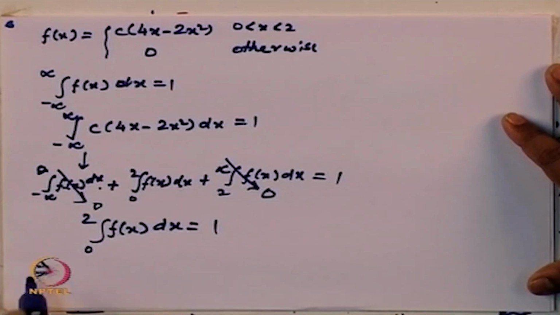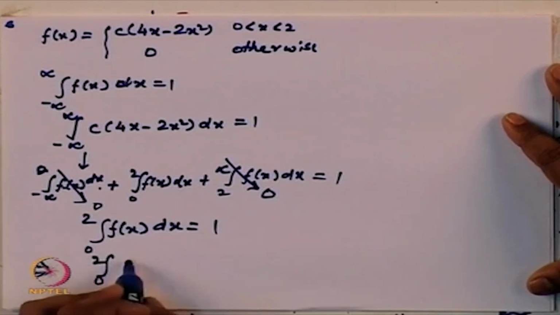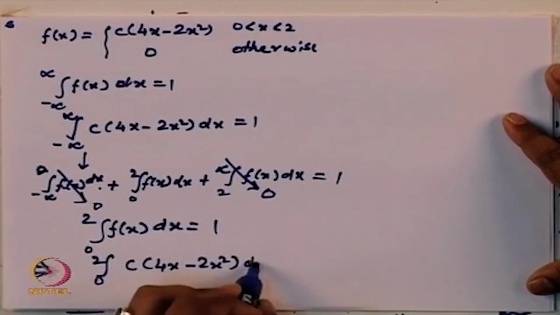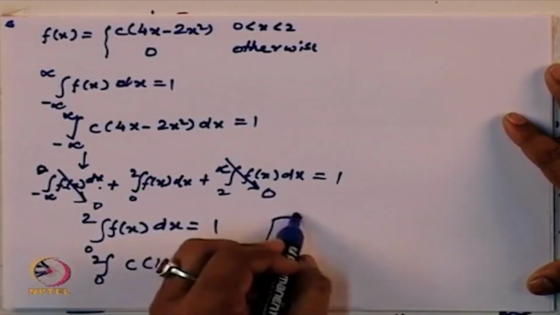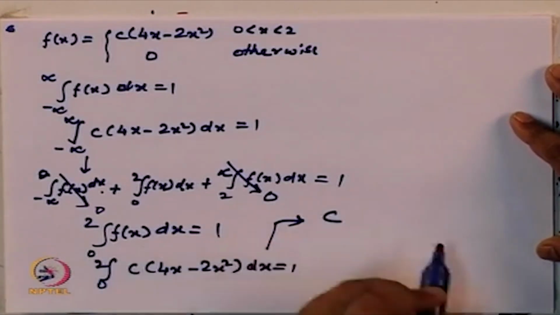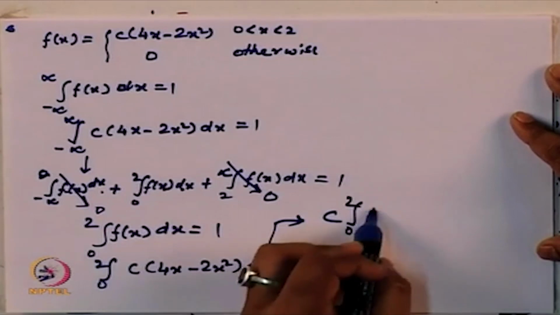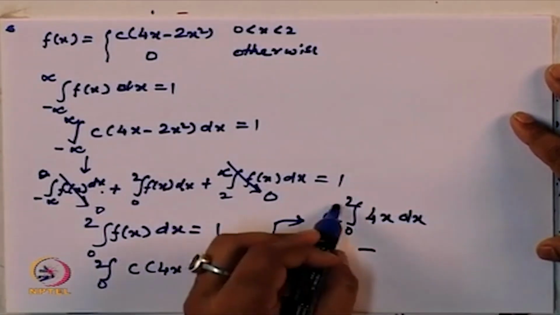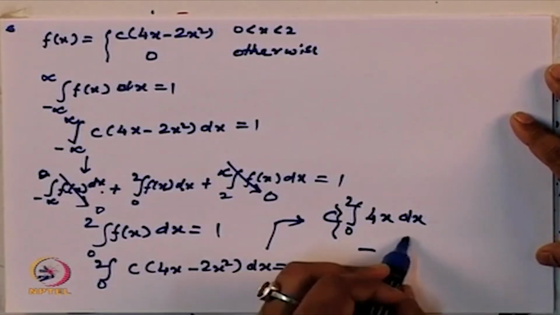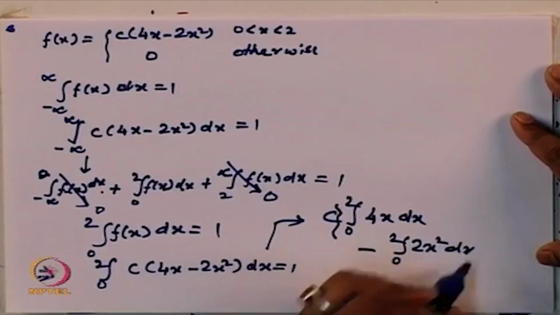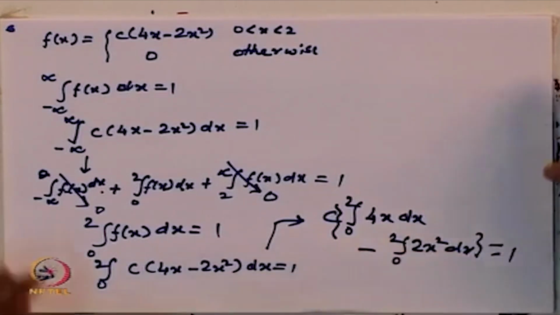I can plug in the value: the integral from 0 to 2 of c times (4x minus 2x squared) dx equals 1. So, this takes me to, I can take out the constant c. This is the integral from 0 to 2 of 4x dx minus the integral from 0 to 2 of 2x squared dx equal to 1.